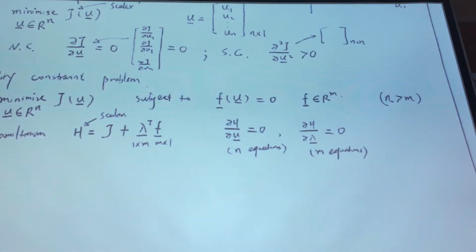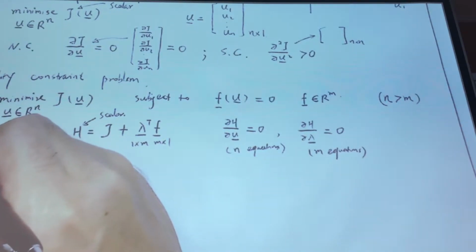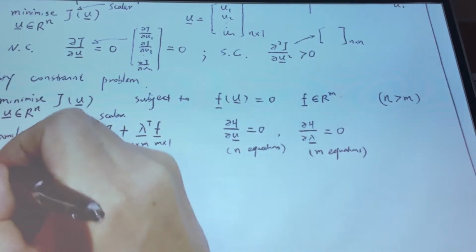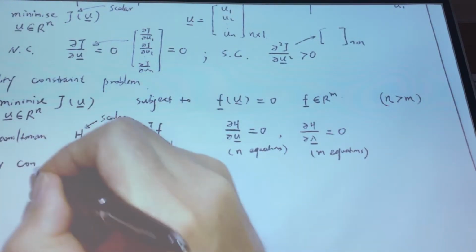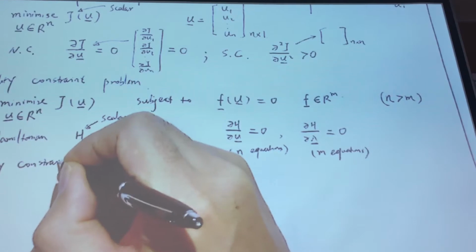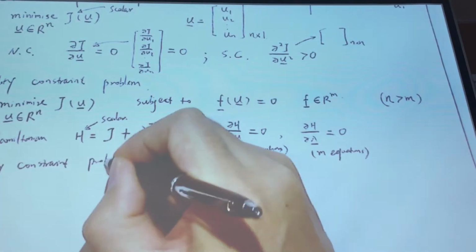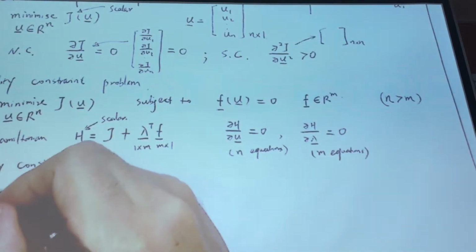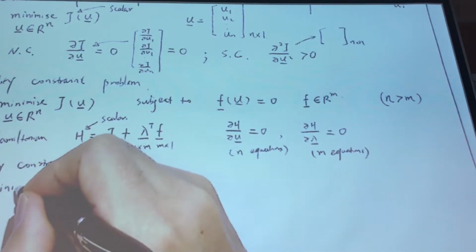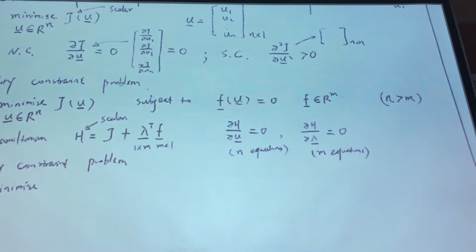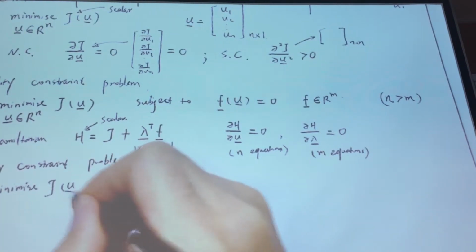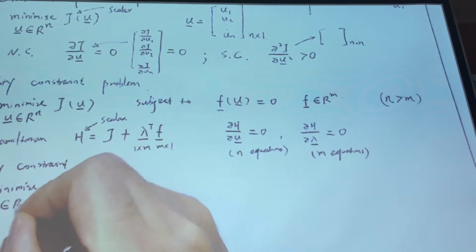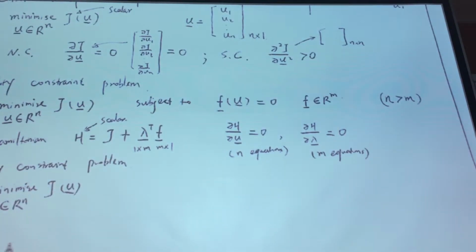The third category of problem is the inequality constraint problem. The first part is the same: we want to optimize a scalar cost function with a real control input.